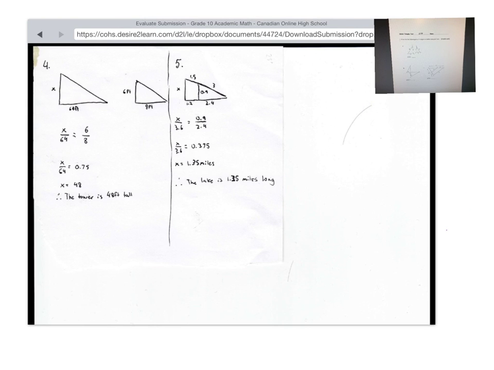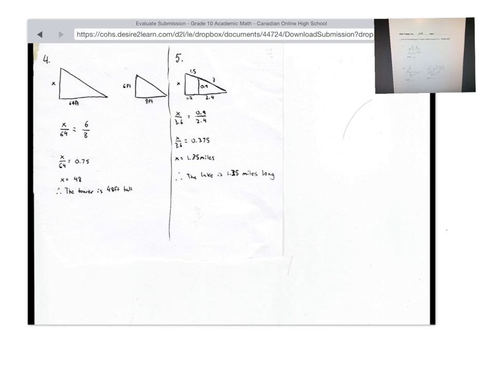So here we are with the last 2 questions on this assignment, 4 and 5. You handled the ratios well, and you actually solved for the unknown really well. One of the things that I wanted to point out for you in number 5 is that most people actually miss the fact that 3.6 is the length of this side.